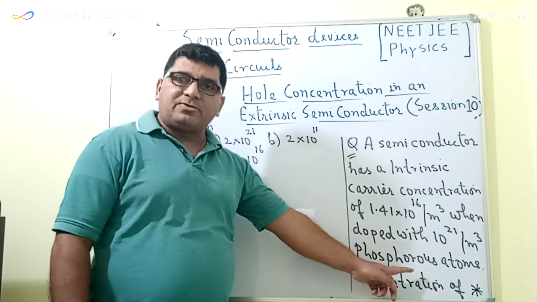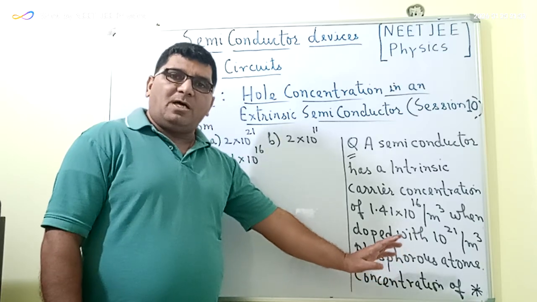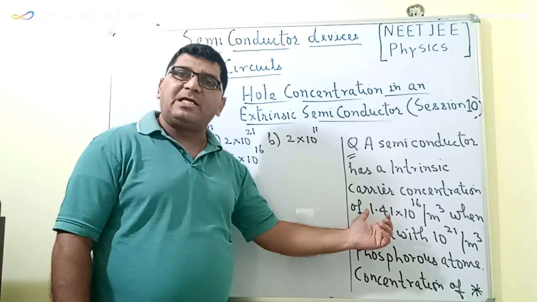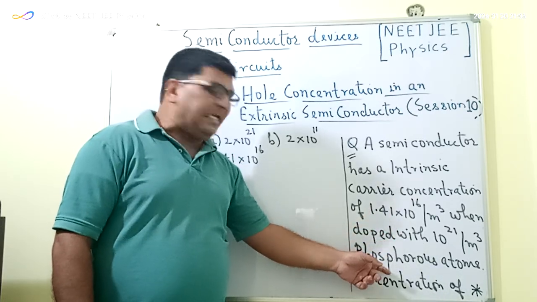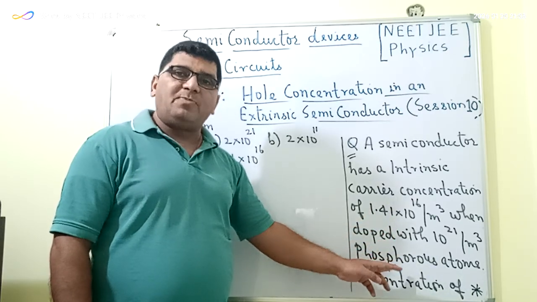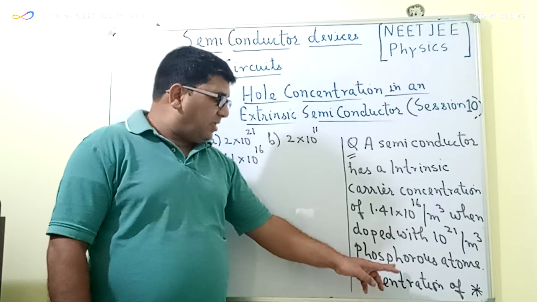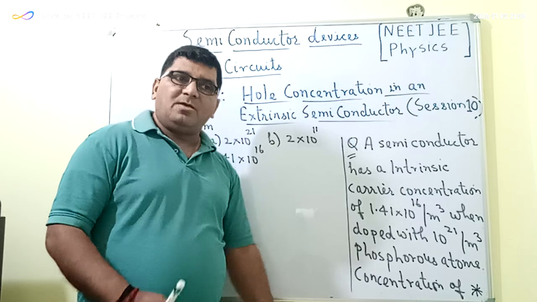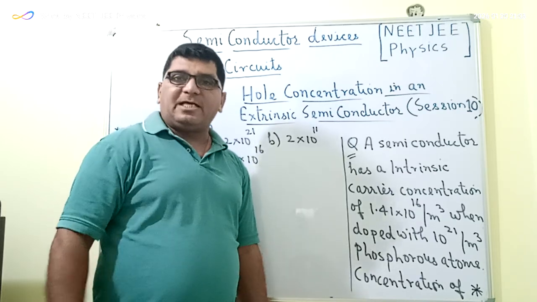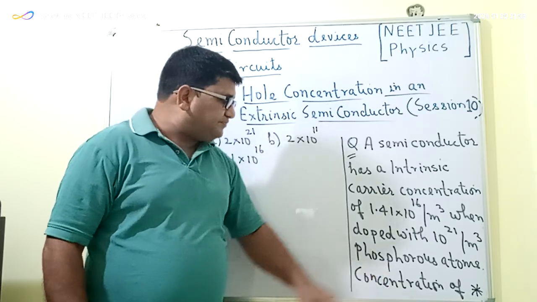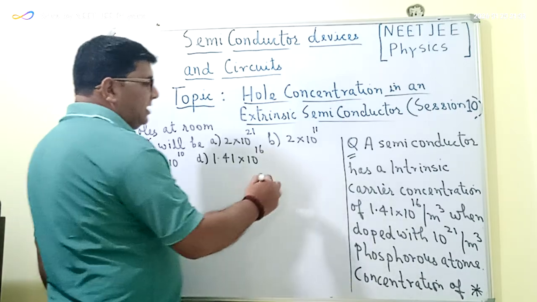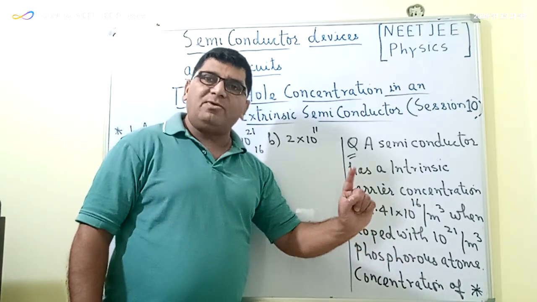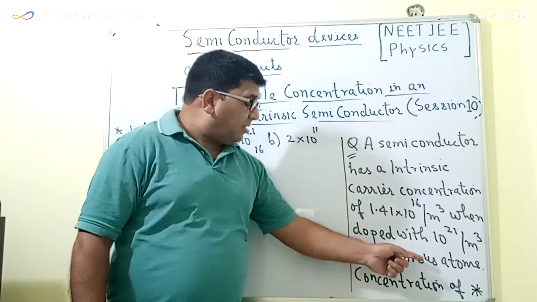So 4 valence electrons form 4 covalent bonds with the neighboring 4 silicon atoms, and 1 electron is now loosely bound to the phosphorus atom. This loosely bound electron is free to move in the crystal lattice, and because of that we can say that if 1 atom of phosphorus is doped, we will get 1 free electron.